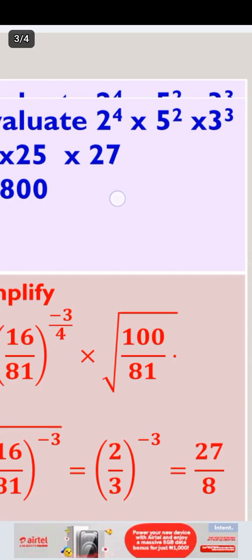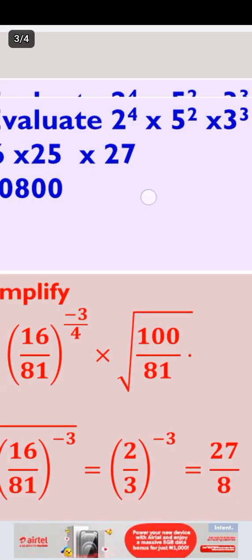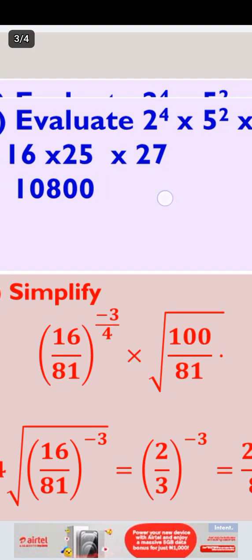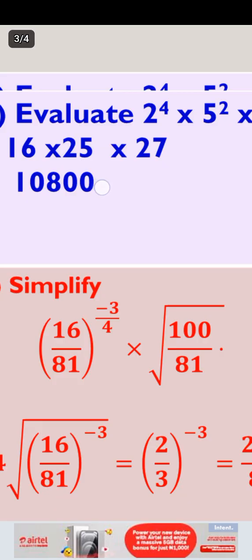That means 2 raised to the power 4 is 2 times 2 times 2 times 2, which gives us 16. And 5 raised to the power 2 is 5 times 5, which gives us 25. And 3 raised to the power 3 is 3 times 3 times 3, which gives us 27. And so 16 times 25 times 27 will give us 10,800. And that is the solution to that question.